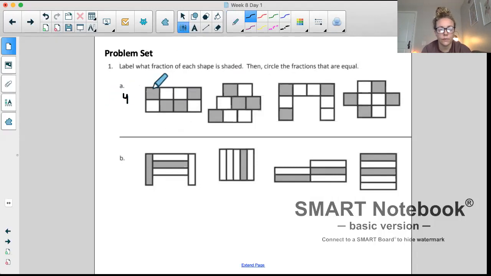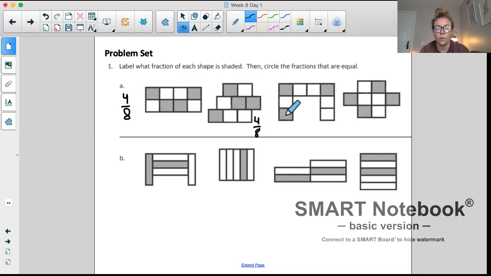So it's 4. And then how many parts in all? 1, 2, 3, 4, 5, 6, 7, 8. Okay, first piece, 4/8. Next, 1, 2, 3, 4 pieces shaded out of 1, 2, 3, 4, 5, 6, 7, 8. Great.